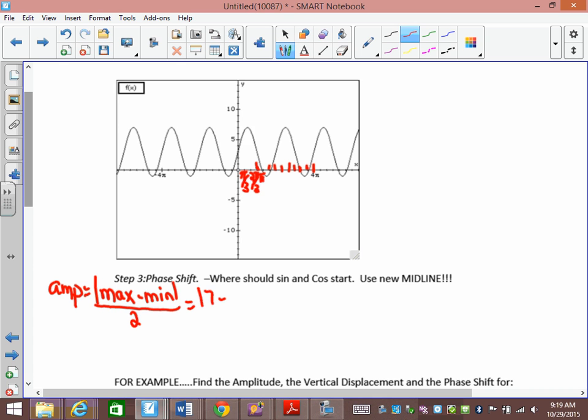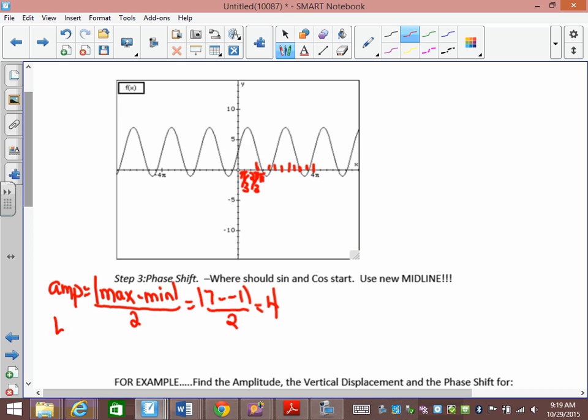So absolute value of 7 minus my minimum, -1, divided by 2, which is 8 over 2 or 4. So we know we're right if the distance from max to min is actually 8, right? Because the amplitude is half the distance from max to min. So from -1 to 7 is a distance of 8, so we're right. Amplitude is 4, and so it's half the distance.